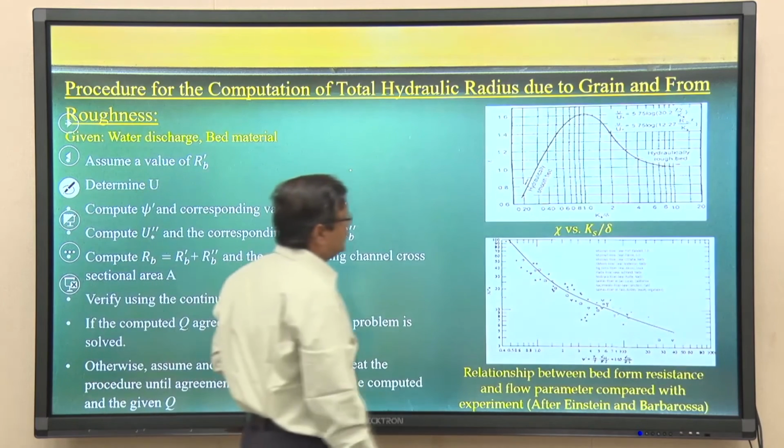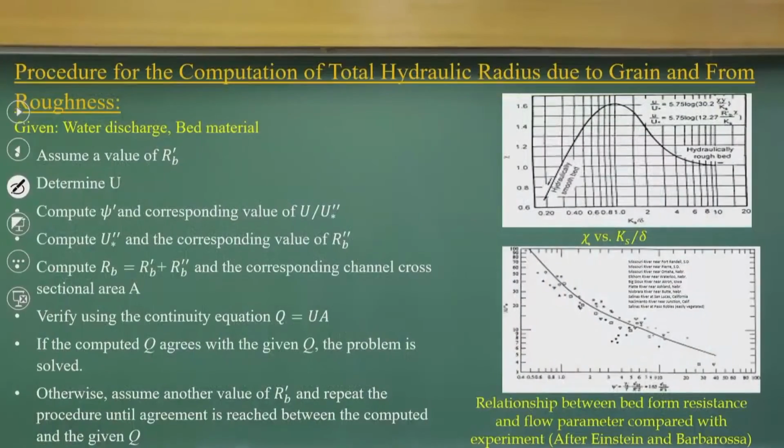These are the functions, and you can see how xi, the velocity distribution factor, varies with the ratio between ks by delta. This is the hydraulically smooth region, and this is the hydraulically rough region.